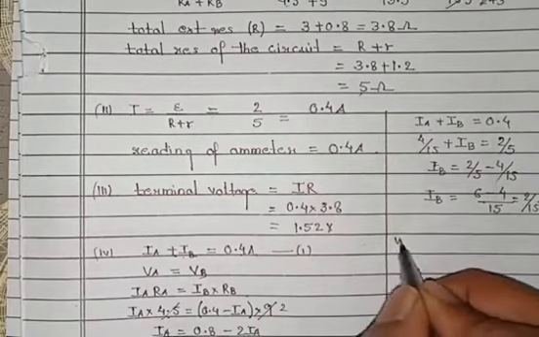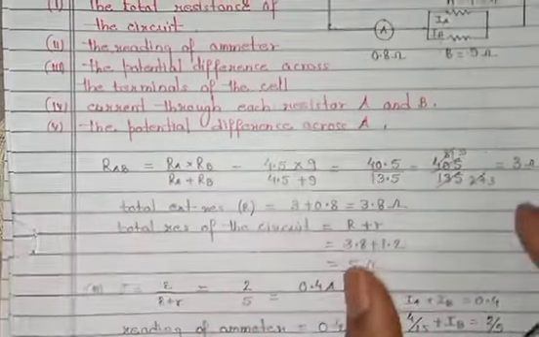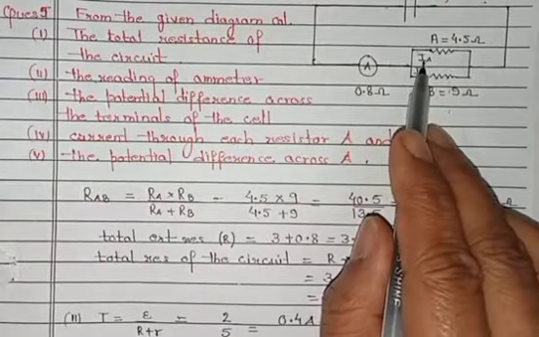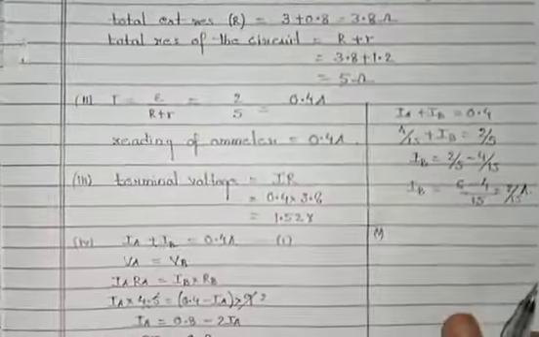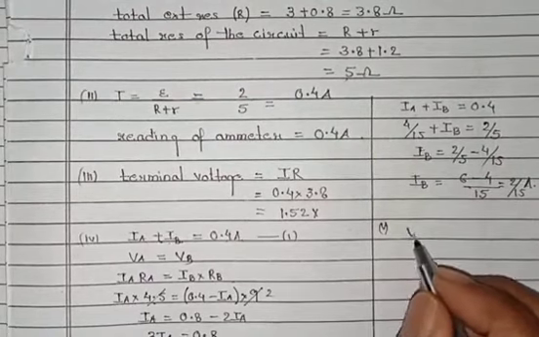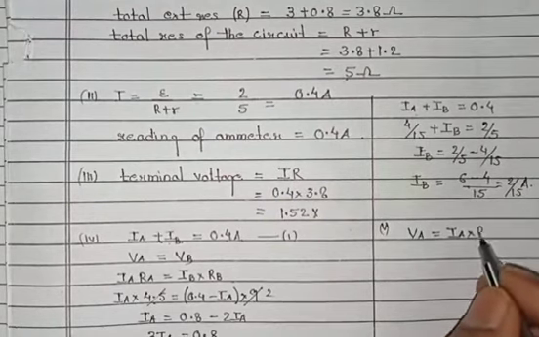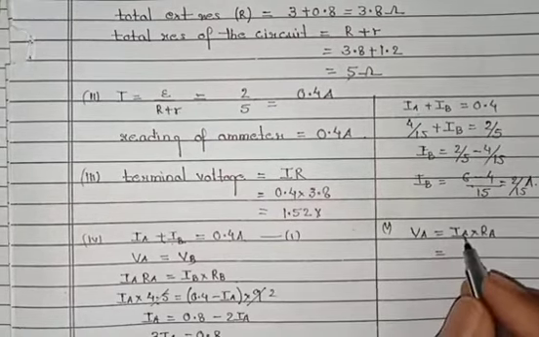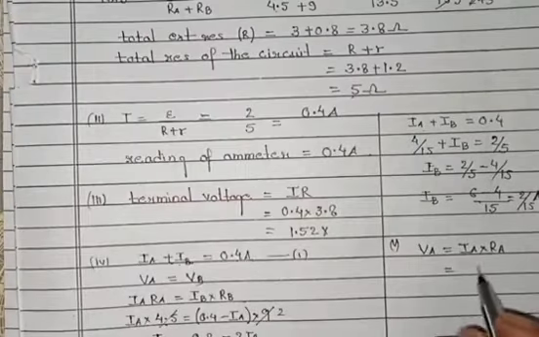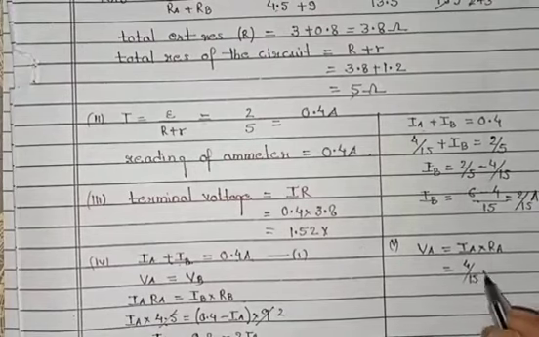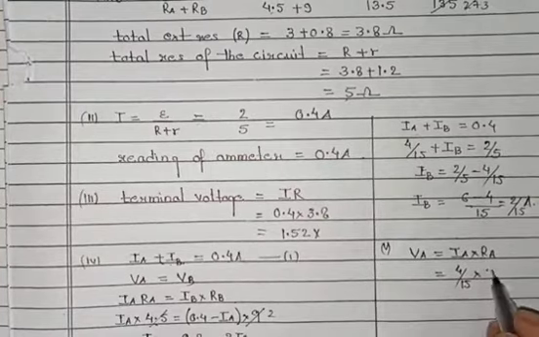Now in the fifth part, they are asking us to calculate the potential difference across A. Now current through A is known to us. Resistance of A is also known to us, so we can get potential difference across A. So potential difference across A is current into resistance. Current through A we have calculated as 4 upon 15, and resistance of A is 4.5.